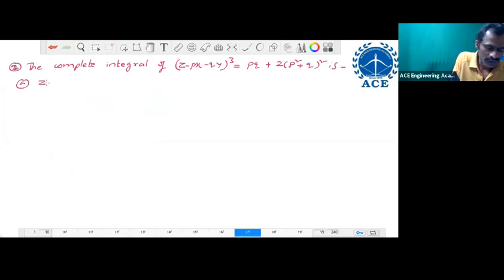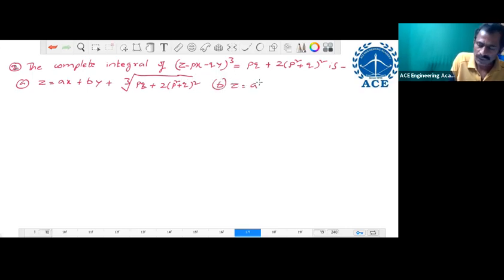Option A, z equal to ax plus by plus cube root of pq plus 2 into p square plus q whole square. Option B, z equal to ax plus by plus cube root of ab plus 2 into a square plus b whole square.